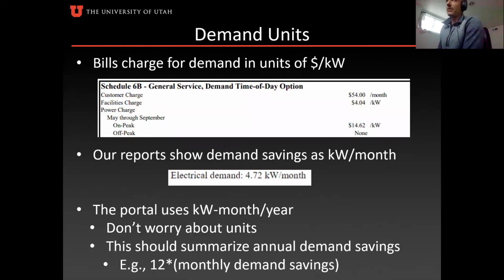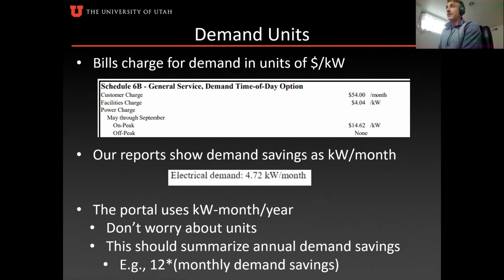Before I go one step further, I just want to talk about demand units, because it's a little bit different than electricity, and the way it shows up with Rutgers and the IAC portal is a little bit confusing, I think. Electricity bills like Rocky Mountain Power will charge for power on a dollars per kilowatt basis.